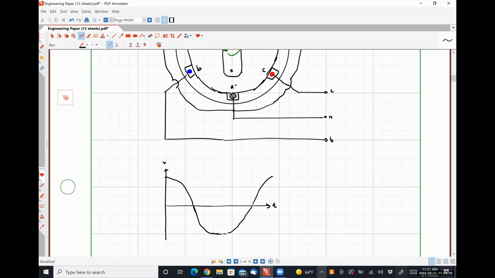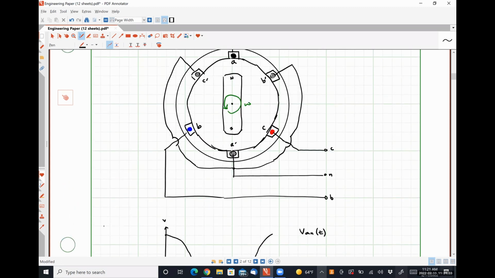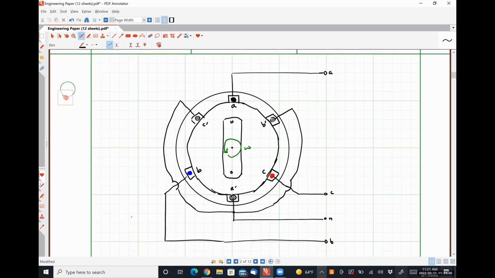All right. So this black curve would represent the voltage VAN as a function of time. So let me talk about that real quick. It is literally the voltage measured between this A terminal and this neutral terminal as time progresses.